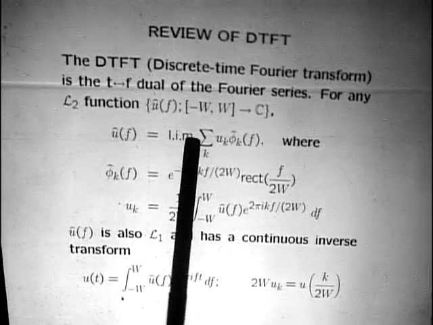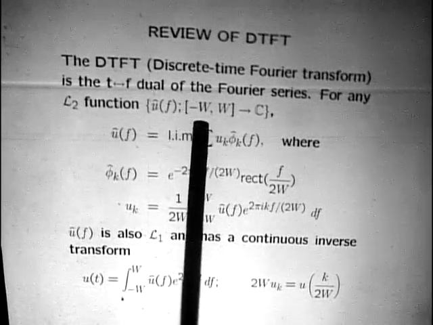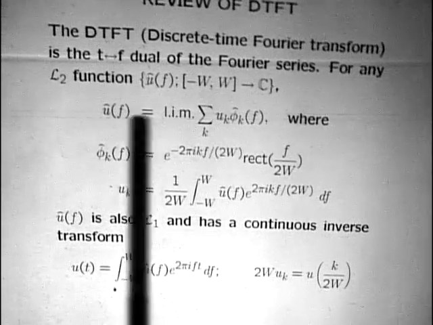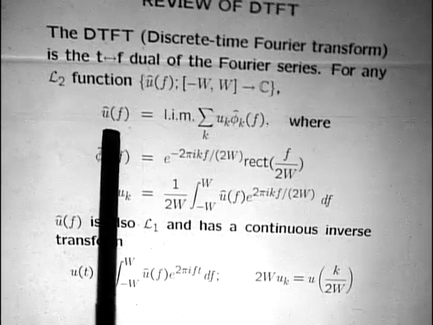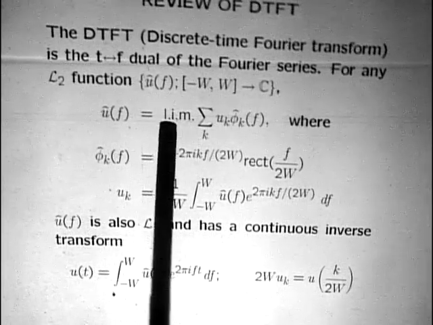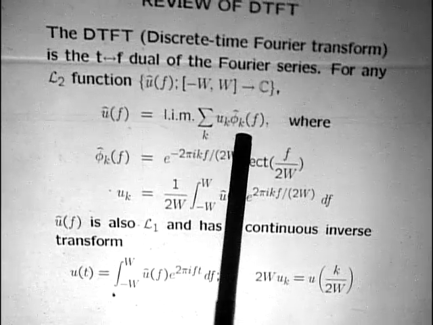If it's truncated to the band from minus w to plus w, then in fact its inverse Fourier transform is given by this limit in the mean of the sum of the coefficients times phi sub k of f.